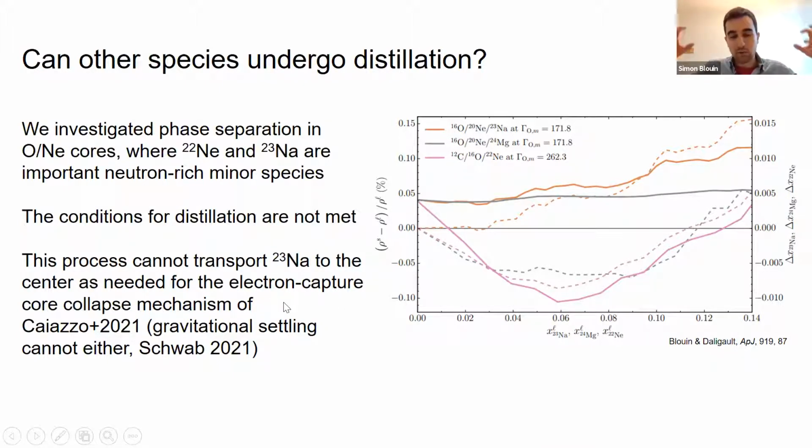This mechanism requires the transport of large quantities of sodium-23 to the center of the white dwarfs. However, gravitational settling has been shown to not be efficient enough to do that, and now we've just shown that distillation cannot do that either. So it looks like there's simply no way of transporting all the sodium-23 we need to trigger this newly proposed core collapse mechanism.